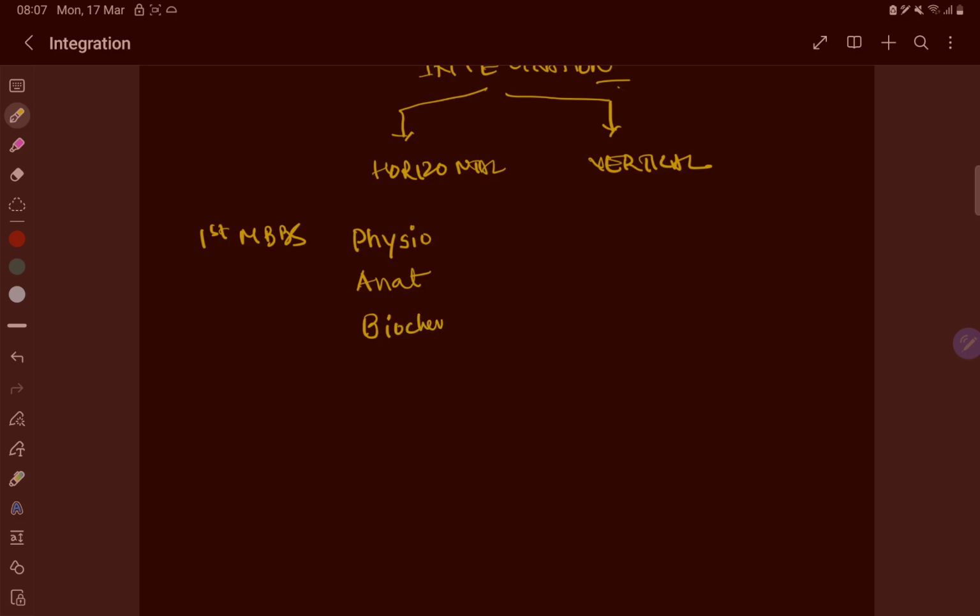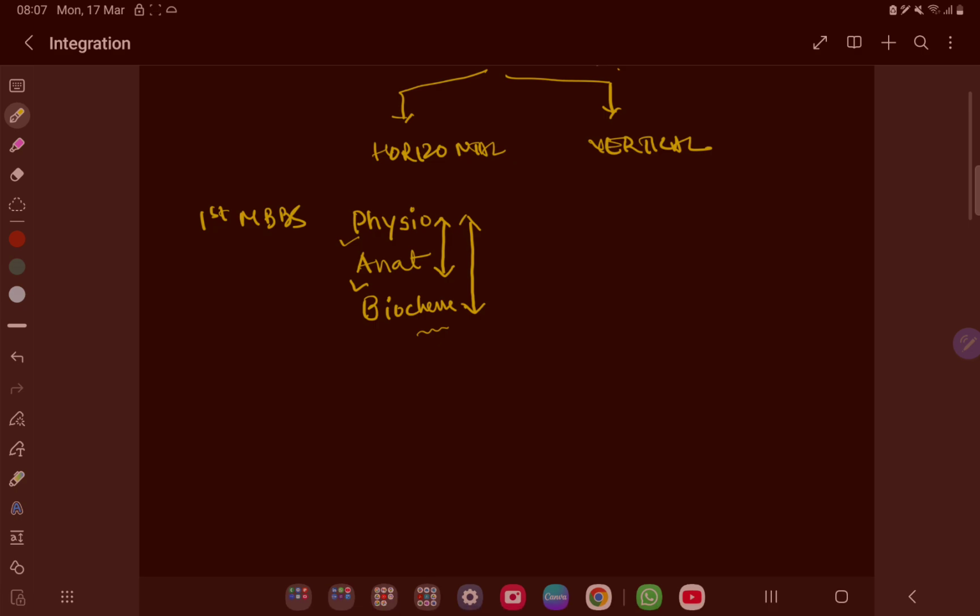There must be some topics in which anatomy and physiology are connected, interlinked, and have a nexus. Even in biochemistry, although it is something different, I believe some enzymes in physiology can be correlated with biochemistry. This is called horizontal integration.